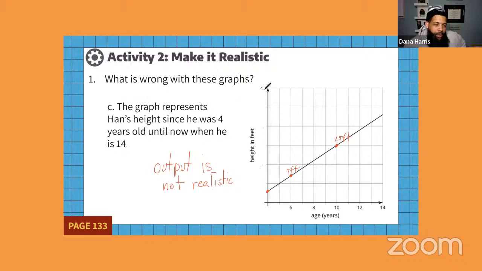So let's say we change this 10. Let's say this is 5. So let's say 2.